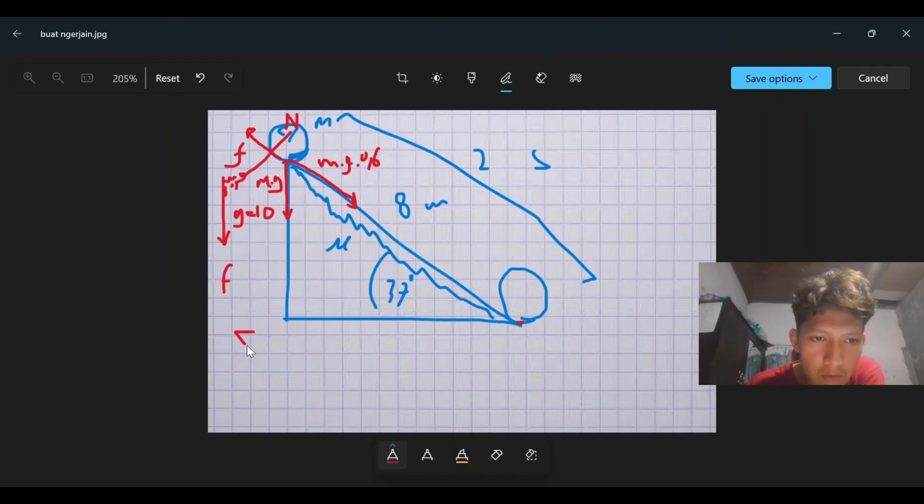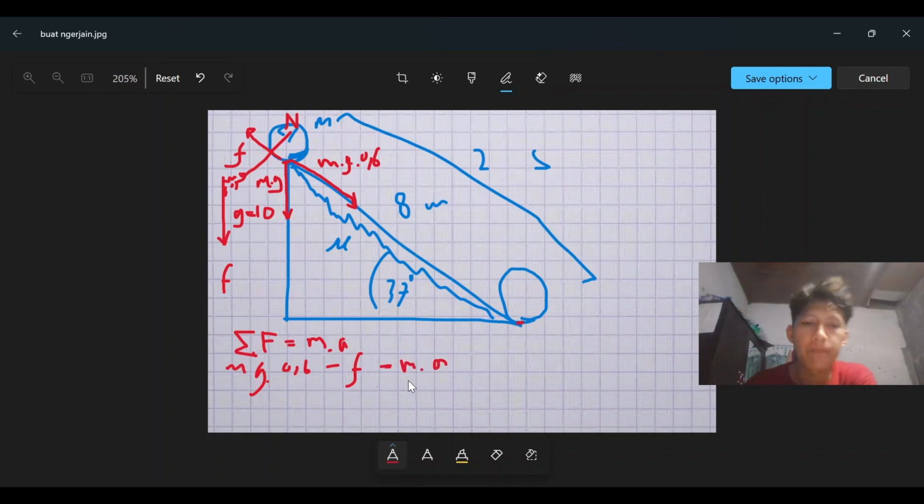After that, we can conclude from Newton's second law of motion that sigma F equals m times a. Sigma F is mg 0.6 minus F equals mass times a. Because we won't use this equation since we don't know what this value is, we'll use torque. Torque, or tau, is force, in this case the friction force, times its radius, from its circular path.